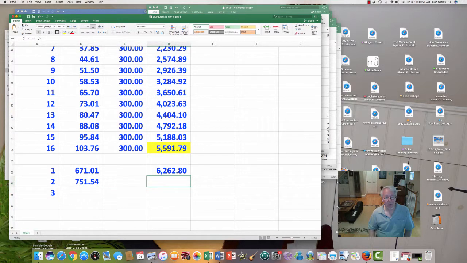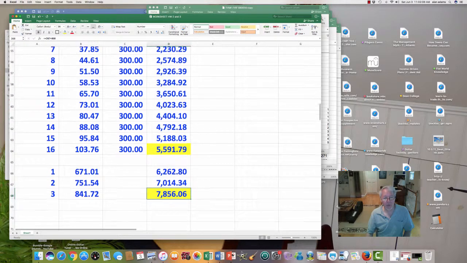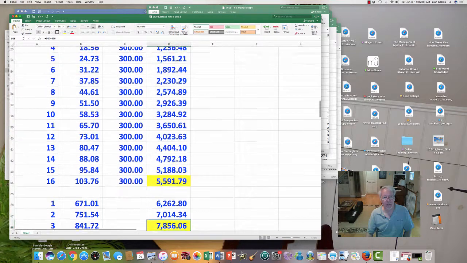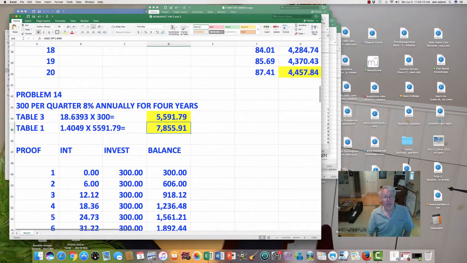Now she's going to have 62.80 plus another 751.54, and time is up. I'm going to do it one more time, and there's our proof. She now, at the end of the 7-year period, has 78.5606, 78.5591. It is close enough, okay?